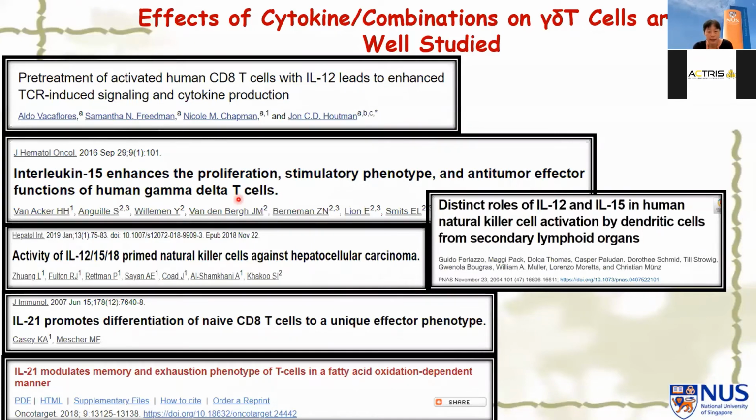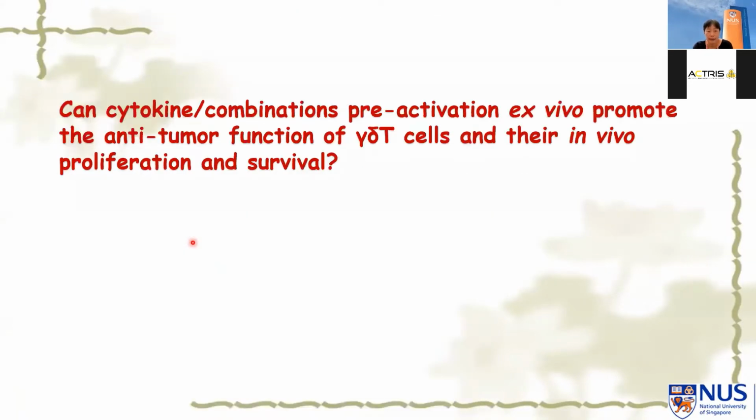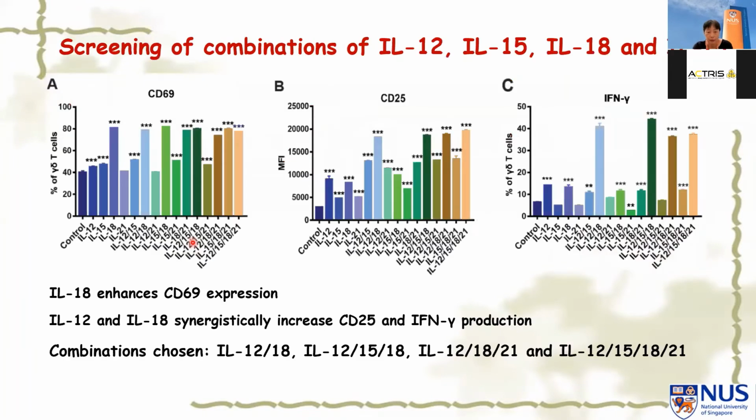There are a lot of studies on alpha beta T cells, but people have done quite minimal studies on combinations. As I mentioned, NK cells are probably the ones that people have done the most studies with cytokine combinations. So we want to ask, can the cytokine or cytokine combinations promote the anti-tumor function of the gamma delta T cells? What are the best combinations that we could use to promote their function, proliferation, and survival?